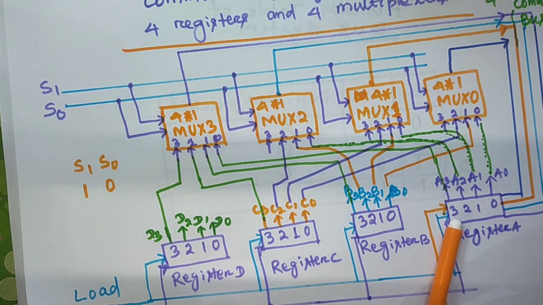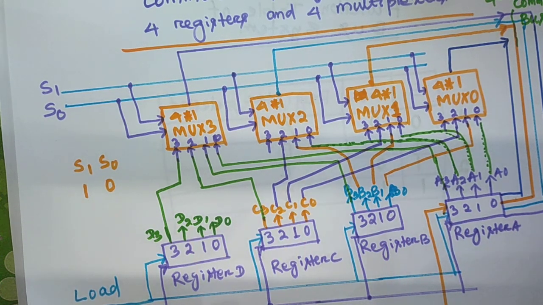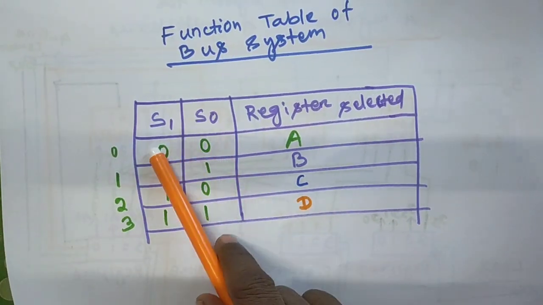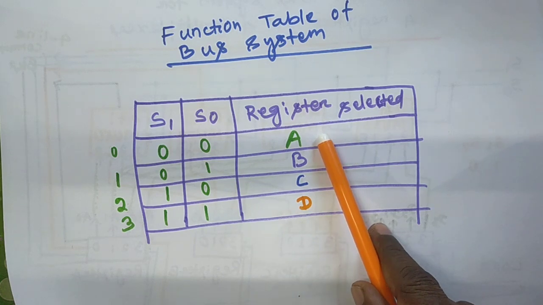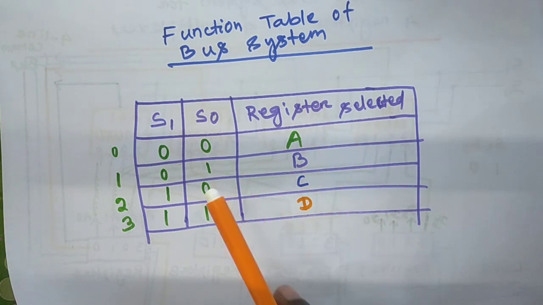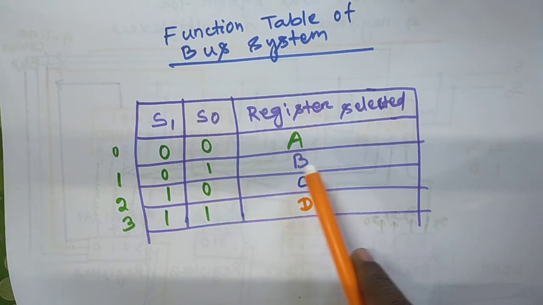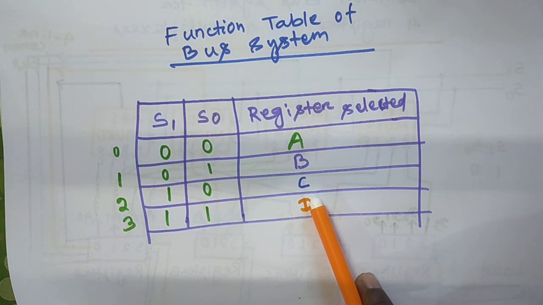Whenever 0 0 on S0 S1, the A register provides data to the multiplexer, 0 1 the B register provides to the multiplexer, 1 0 the C register provides to the multiplexer, 1 1 the D register will provide to the multiplexers.